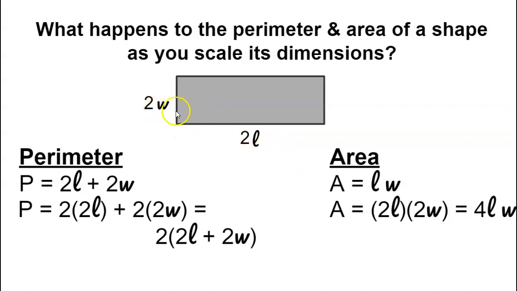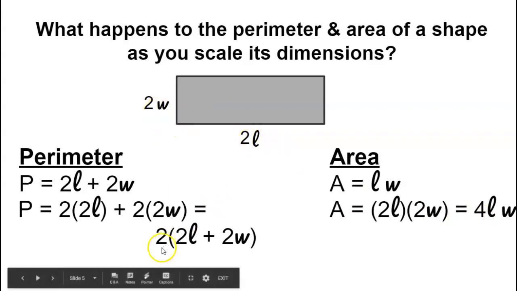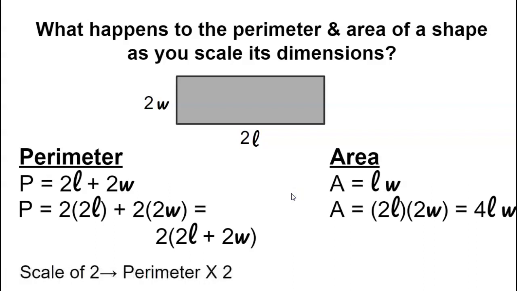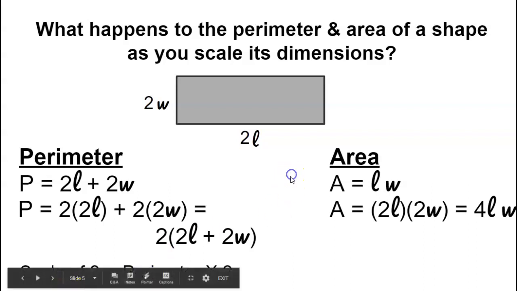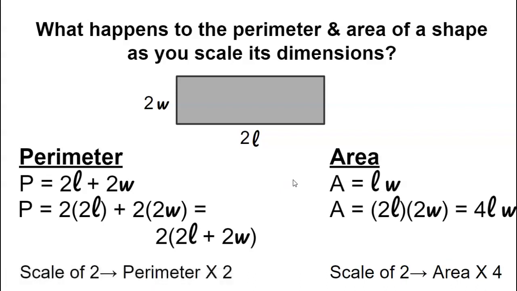So if I double the dimensions, the perimeter is also doubled. And if I double the dimensions, the area gets multiplied by 4. So the scale of 2 means the perimeter is multiplied by 2, and a scale of 2 means that the area gets multiplied by 4.